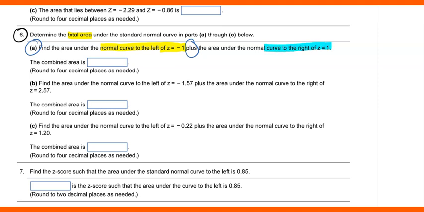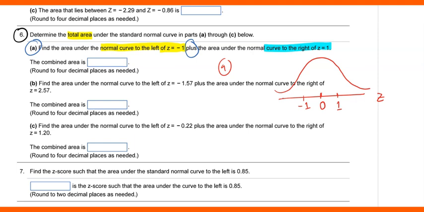You've got to find the area. Let me make a graph for you for A. This is the z-score on this line. This is called the standard normal curve. That's 0, which is the mean, and 1 is here, negative 1 is here.